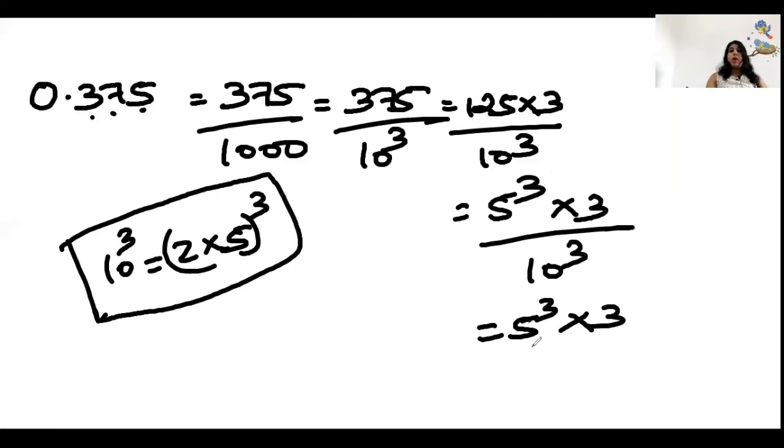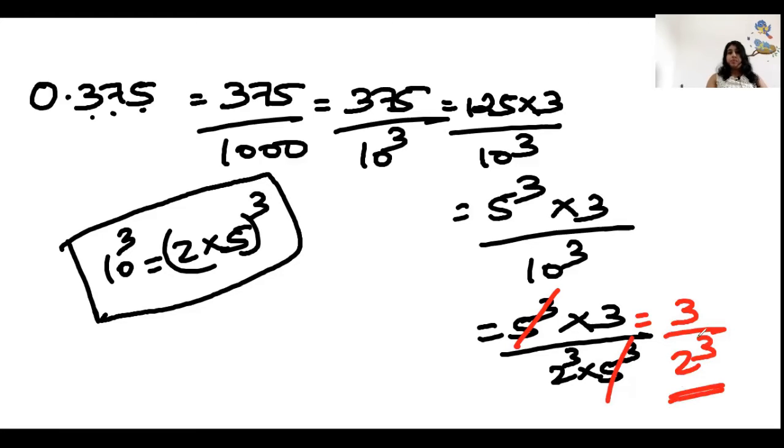So 5 cube into 3 divided by, instead of 10, I am writing 2 into 5 cube, that is 2 cube into 5 cube. Now these two are the same, so I am cancelling it. So it is 3 by 2 cube. Okay, so just note this. So the first answer I got is 3 by 2 cube.